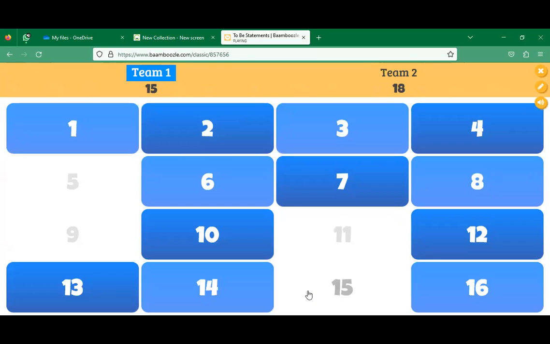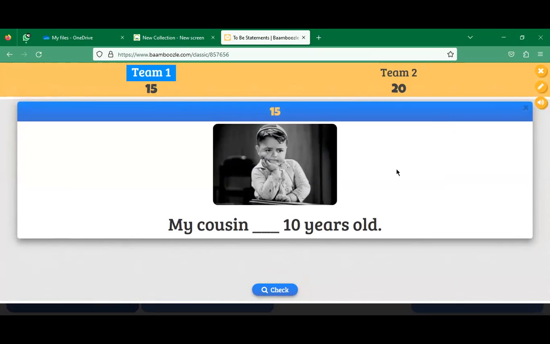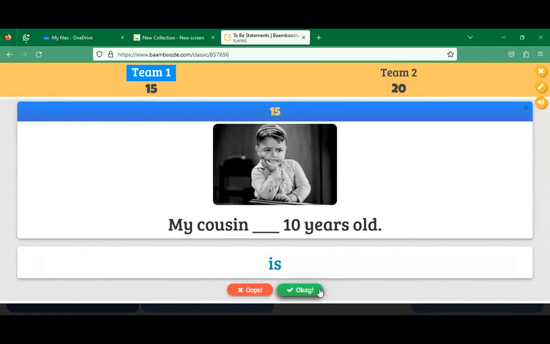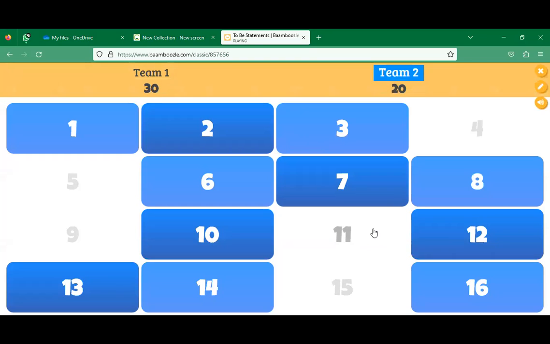Excellent. Next number. 4. Okay. What about here? My cousin is 10 years old. Wonderful.